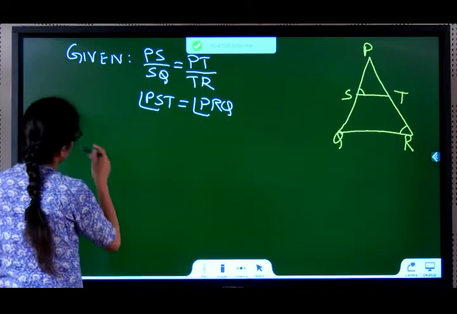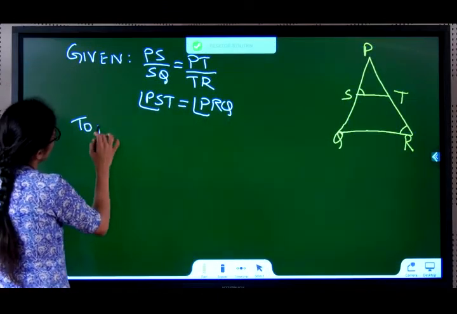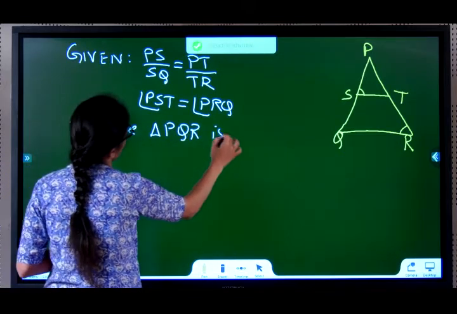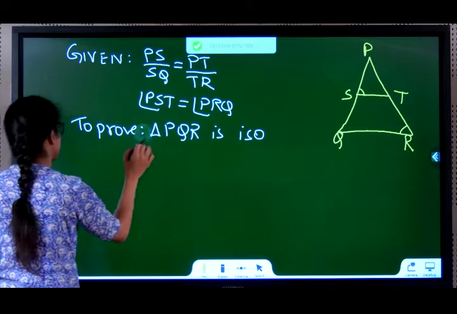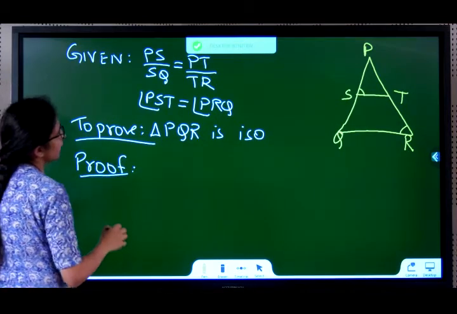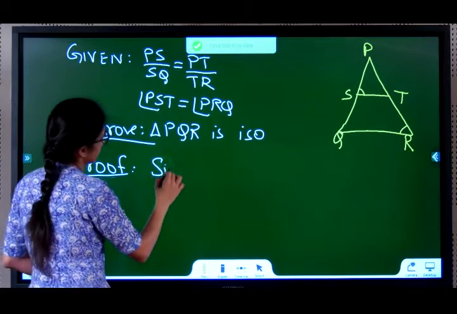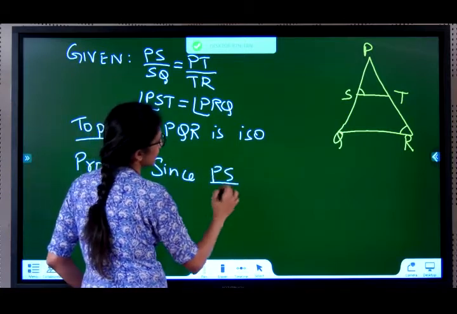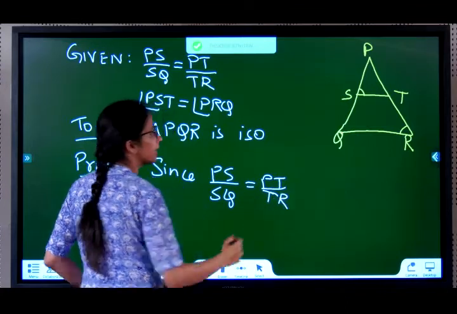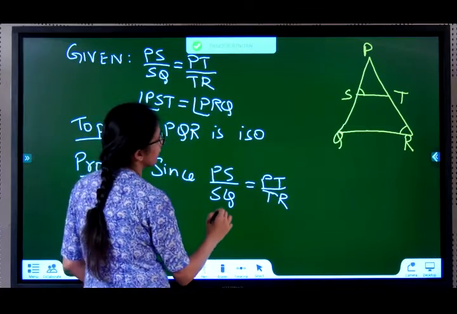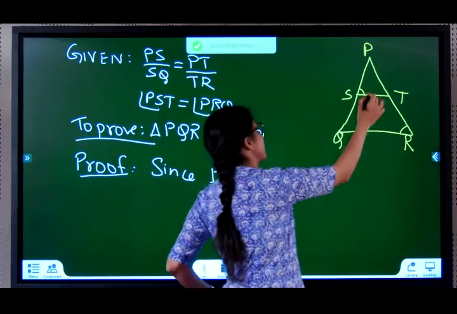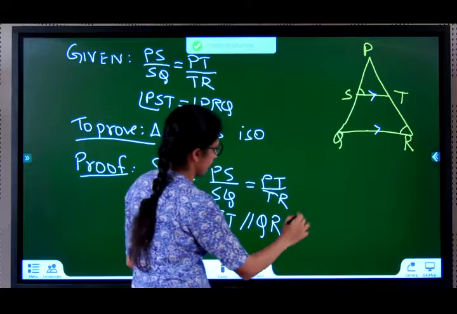Okay. So now we have to prove triangle PQR is isosceles. Proof. Since PS by SQ is equal to PT by TR, can I say ST is parallel to QR? Yes, I can. How?